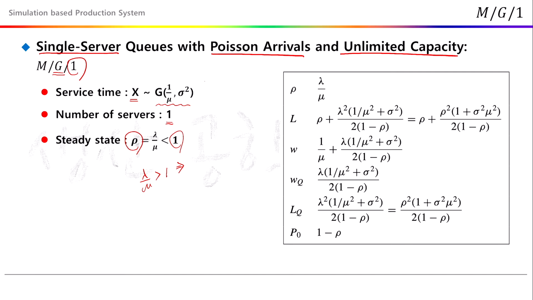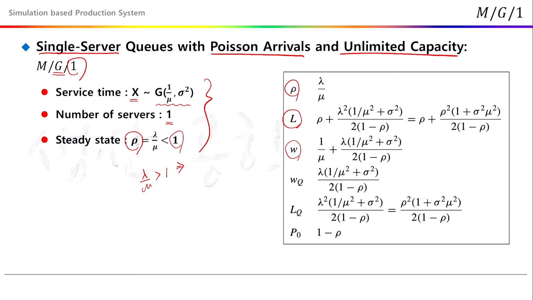So with these variables, we get several indexes: L means the number of entities in the entire model, and W means the time that an entity has stayed in the model.